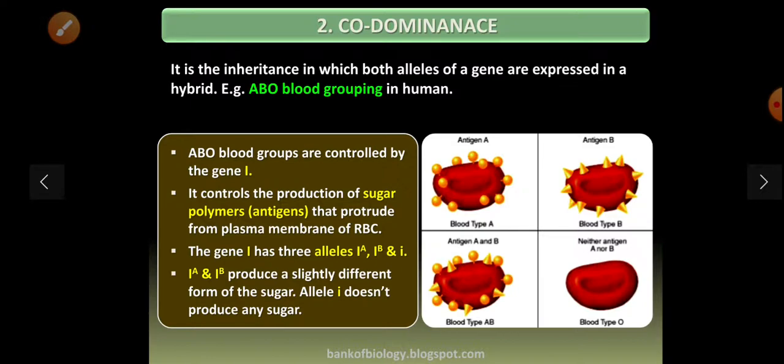ABO blood groups are controlled by the gene I. It controls the production of sugar polymer antigens that protrude from the plasma membrane of RBC. Gene I has three alleles, IA, IB, and i. IA and IB produce slightly different forms of sugar. Allele i does not produce any sugar.